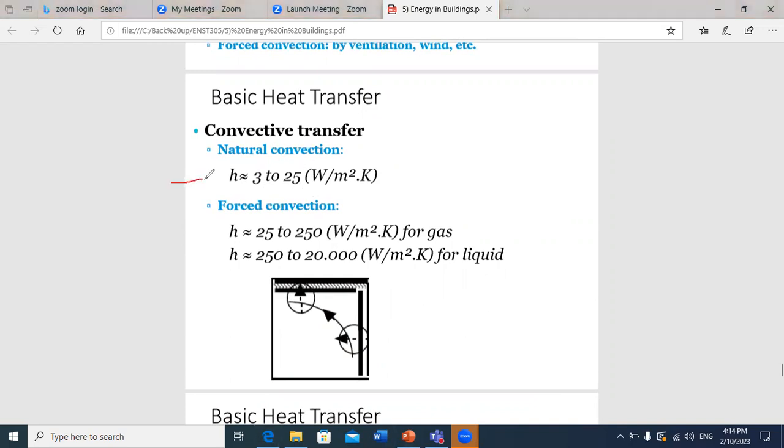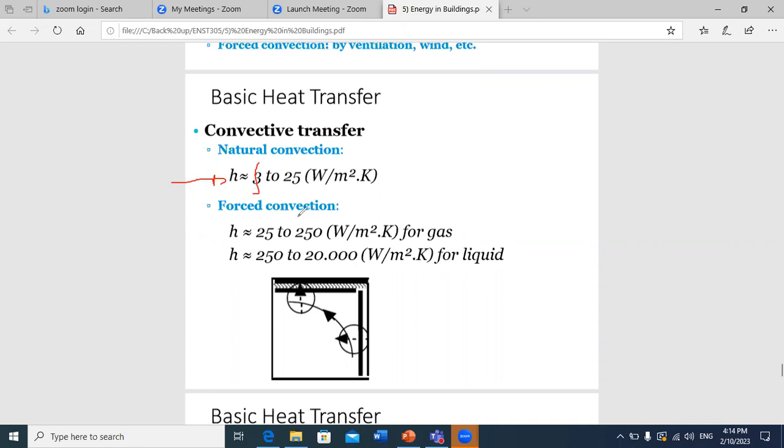Natural ventilation is limited to relatively low values of H because we don't have a pump or a fan that will allow us to force water or air to move. So that's why H is relatively low, but it has the advantage of being a simple mechanism and it doesn't require a lot of initial cost and operation cost.